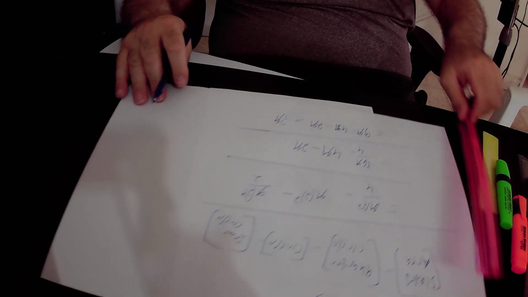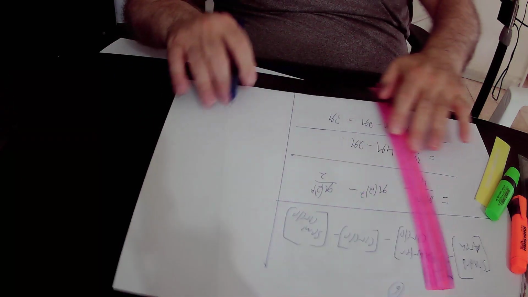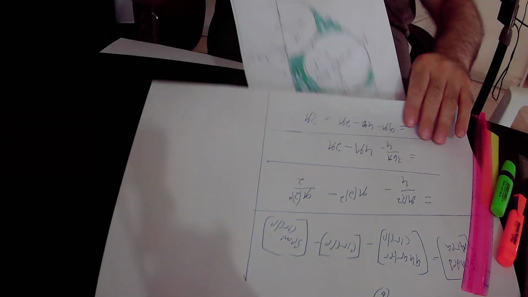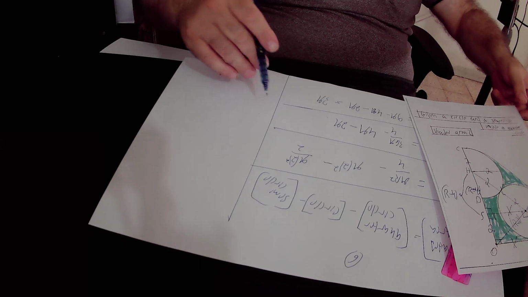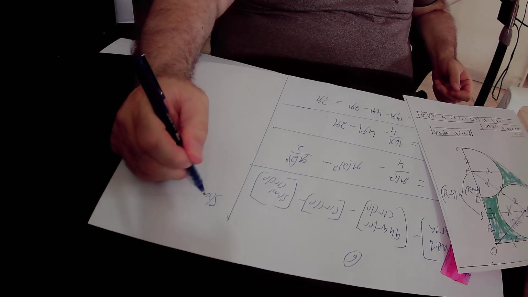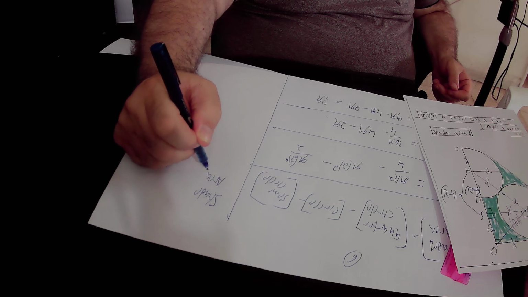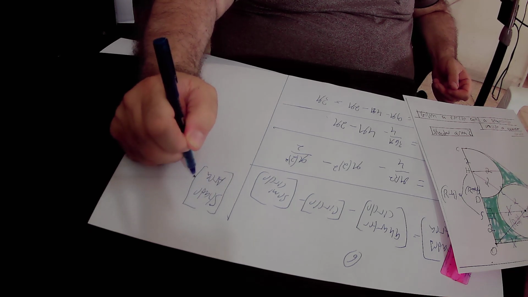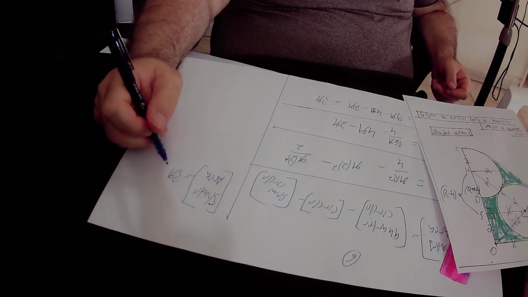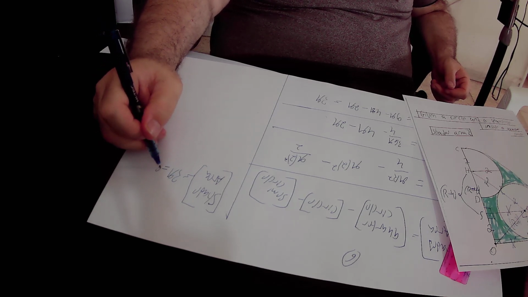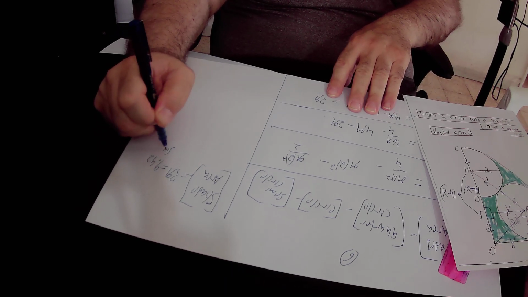So in conclusion, we found out that the value of this shaded area equals either 3 pi square units, or in terms of numbers, 9.42 square units.